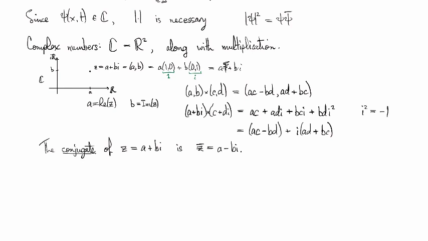And so let's look at that geometrically. So we'll come back to this picture here that I drew, and let me move this real and imaginary part here out of the way a little bit. So the idea is that if we come down here to minus b on the imaginary axis, then this is where we would find z conjugate.